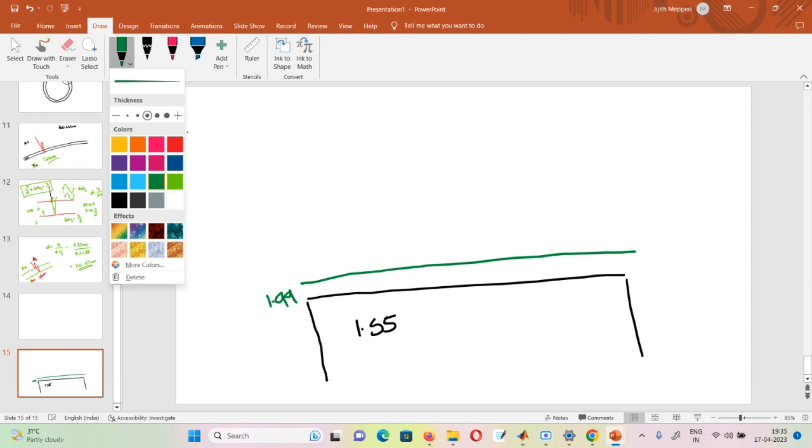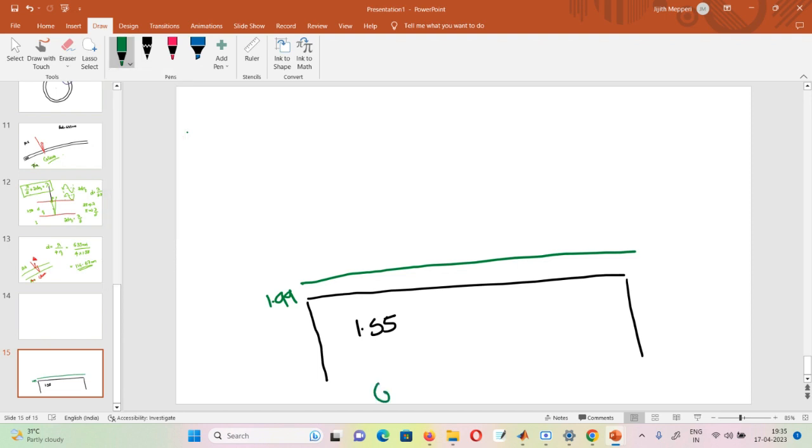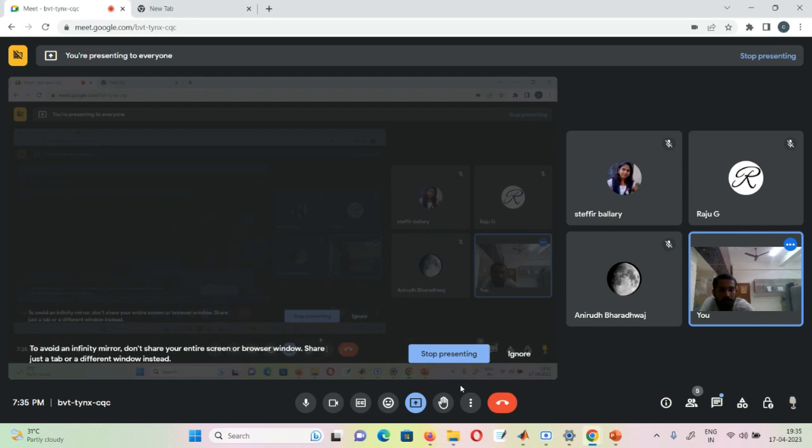Now, what will be the top layer, the top medium? What is the medium above these two layers? This is glass, this is silicon nitride. What is the medium above this one? What's the top layer?